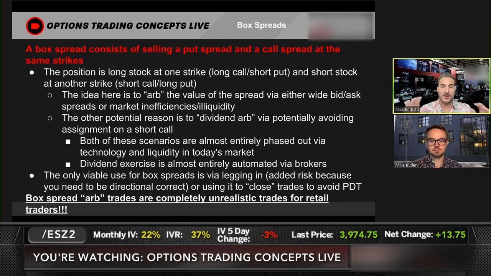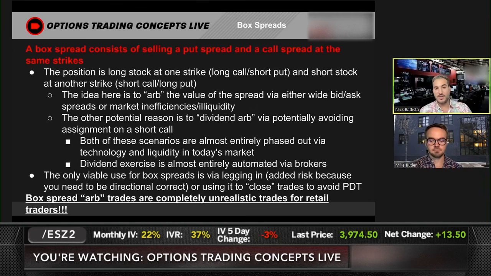That's all done automatically. So this scenario of arbing the dividend is just not feasible, especially for retail traders, just because you're only trading 1 or 2 or 10 contracts. You're not doing 1,000 lot of these and getting 5 of them to squeak through the cracks. You're doing 1 or 2 of them. They're almost always going to be assigned.